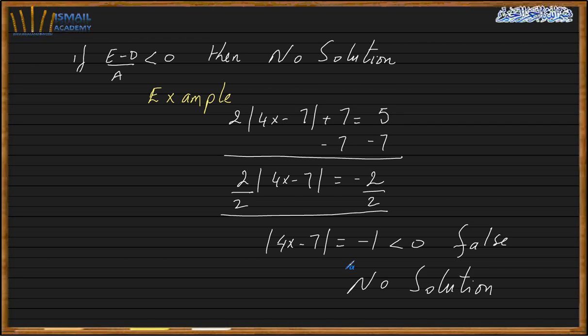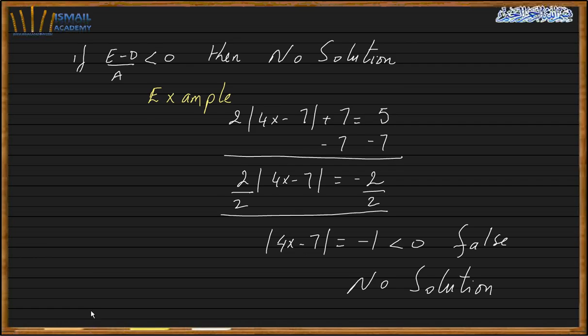Don't split it into two equations. Please, before you start opening the absolute value into two equations, see if your statement is a true statement: positive equals a positive. If it's positive equals a negative, like this case, it's a false statement, no solution.